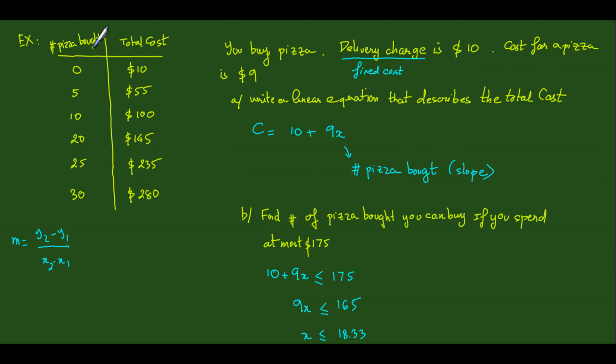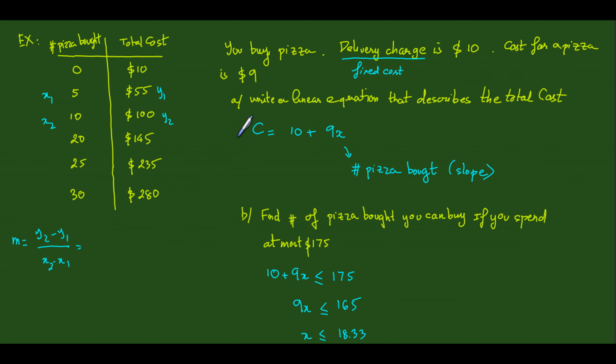The right column is y, over here is x. You can pick anything for y2, so I'm gonna pick this one. So this is y2 and this is y1, and correspondingly x2 goes with y2, and this is x1. So you can plug them in and you see the answer will be 9.